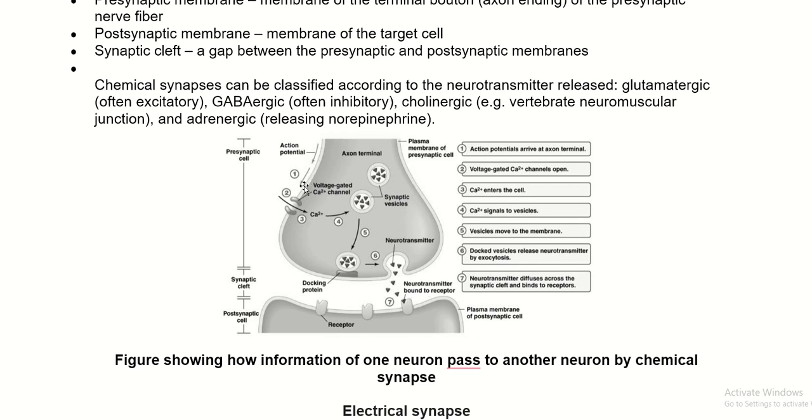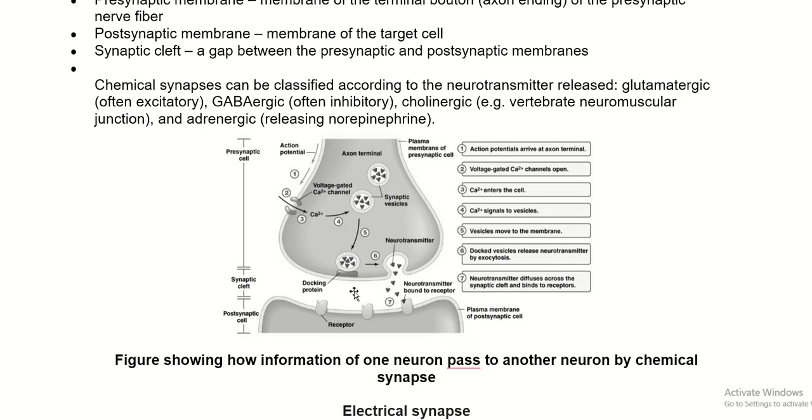When the action potential reaches the terminal portion of the axon, the voltage gated calcium channel opens, and due to this the calcium binds with the synaptic vesicle which contains neurotransmitter, and it moves the synaptic vesicle toward the presynaptic membrane, and this synaptic vesicle is fused with the presynaptic membrane, and ultimately it releases its neurotransmitter.